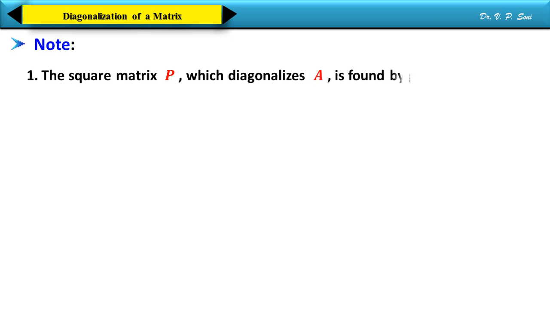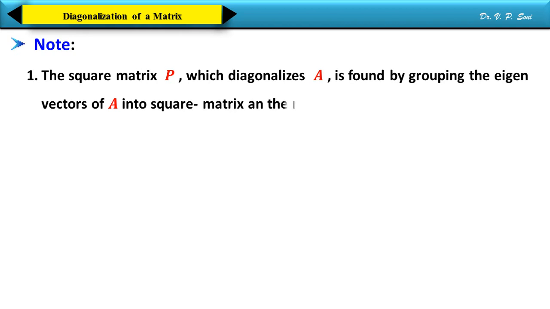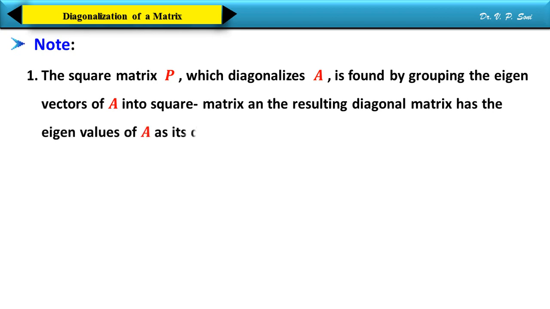Note 1. The square matrix P, which diagonalizes A, is found by grouping the eigenvectors of A into a square matrix, and the resultant diagonal matrix has the eigenvalues of A as its diagonal elements.